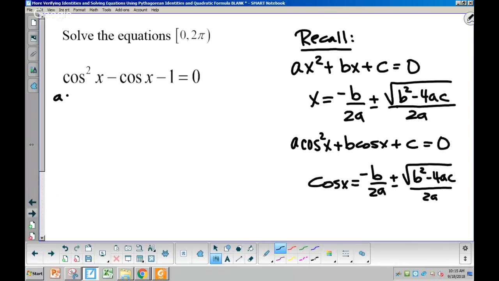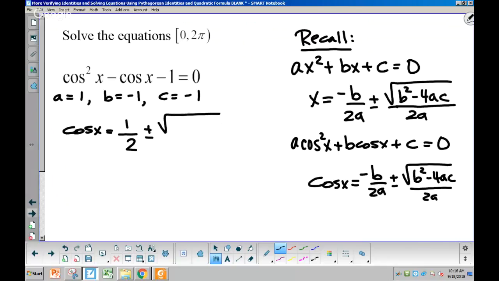All right, what is a in this case? 1. b is -1, and c is -1. And so I'm going to say then cosine of x equals 1 over 2 plus or minus the square root of, well, -1 squared is 1, minus 4 times 1 times -1, all over 2.